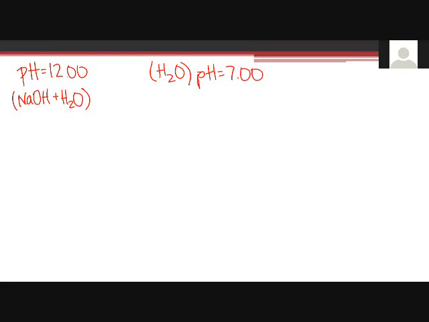So if you're not adding a strong base to a buffered solution, what's the difference in the pHs here? 5, because we have 12 minus 7 to get 5. So the difference is a lot larger when there is not a buffer present.